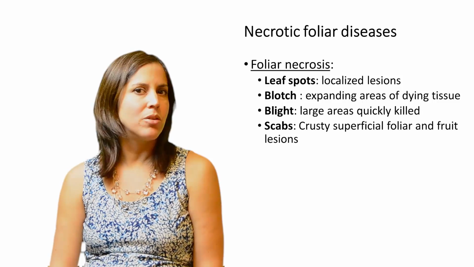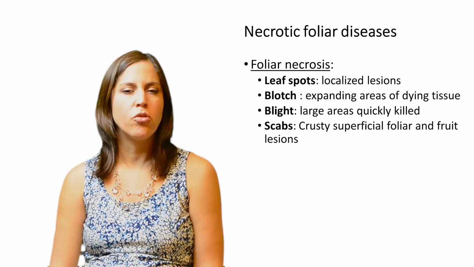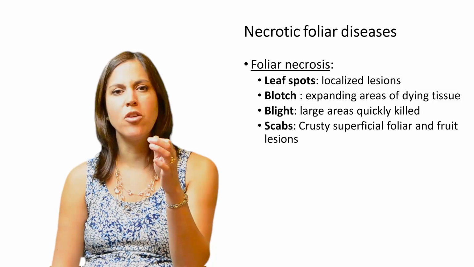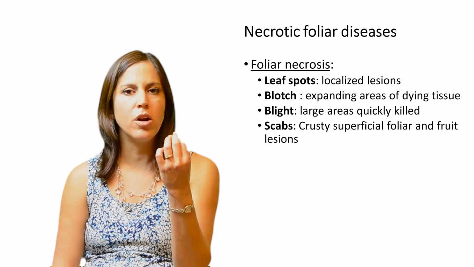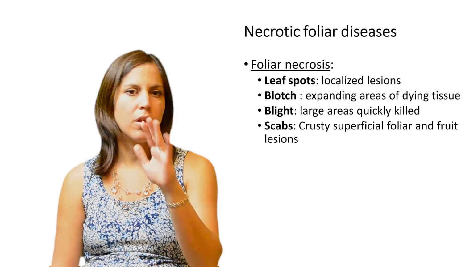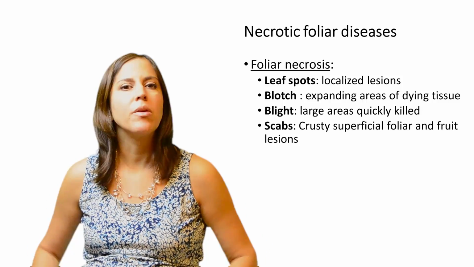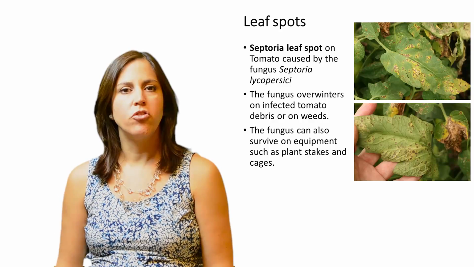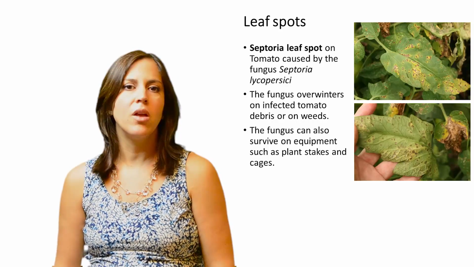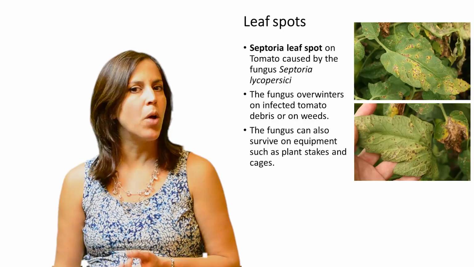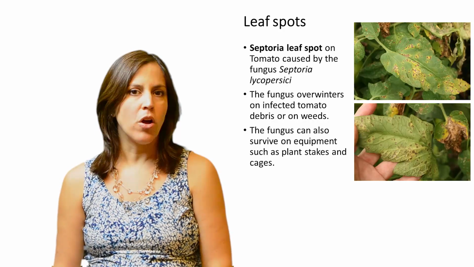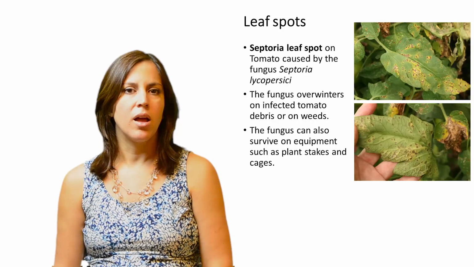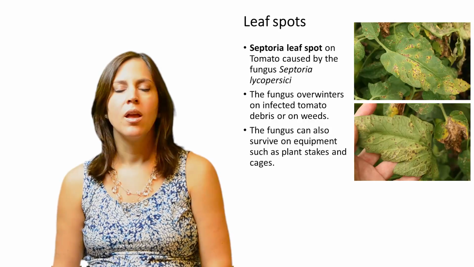And then scabs, which are also necrotic diseases. They basically create crusty, superficial foliar and fruit lesions, and we're going to see some examples of that. So one example of leaf spots is Septoria leaf spot on tomato, which is caused by the fungus Septoria lycopersici.